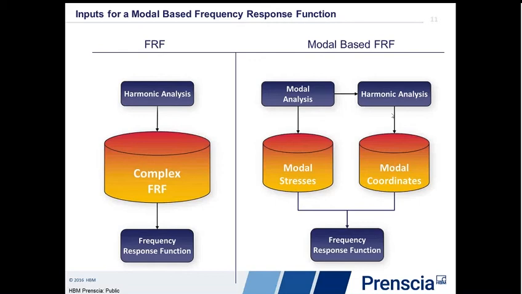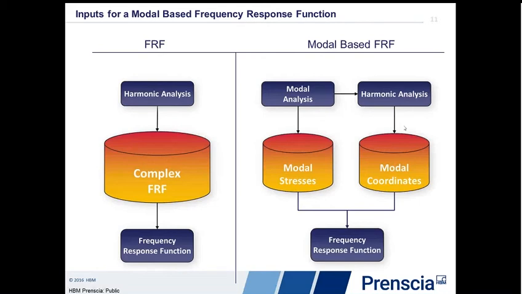But in this case, all we're capturing are the real and imaginary scale factors versus frequency that we'd apply to each mode. So this would be a table of information, frequency versus real and imaginary scale factors, that I apply to capture each mode in my structure.